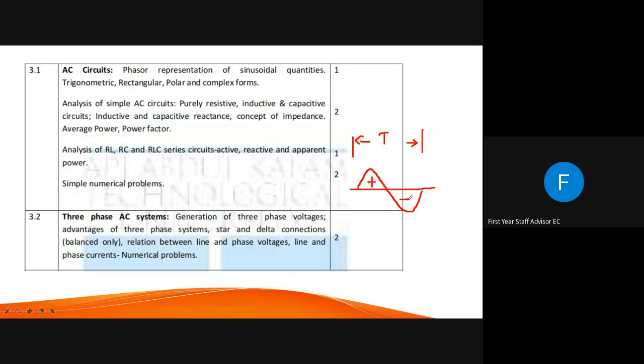And then we have seen the frequency of an AC signal. It is the number of cycles per second. In a second, how many such cycles are there, that count is the frequency. And then we have seen the peak value of an AC signal or AC waveform, and the peak to peak value also we have discussed. Then average value, RMS value.